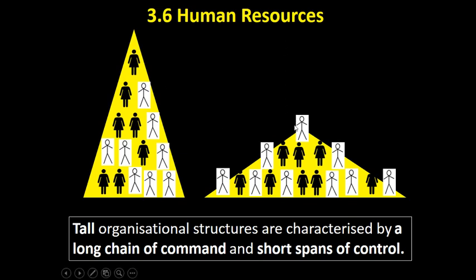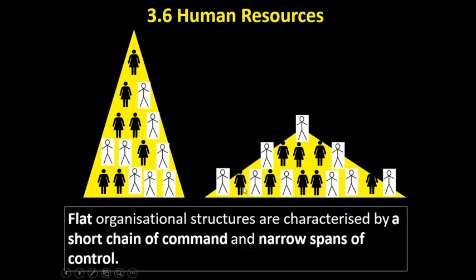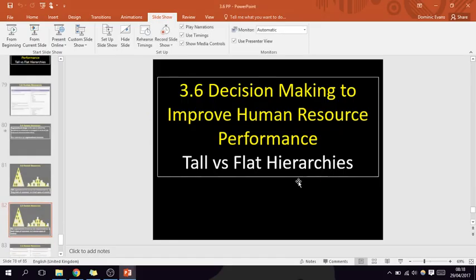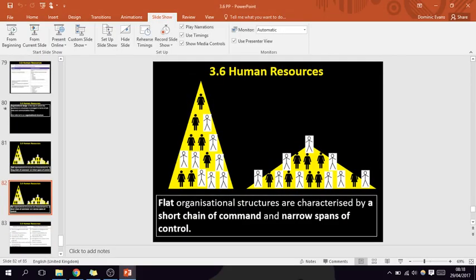whereas this organisation here is a flat structure, which is characterised by short chains of command. So there's far fewer layers in this organisation, and that should actually read they have got wide spans of control.